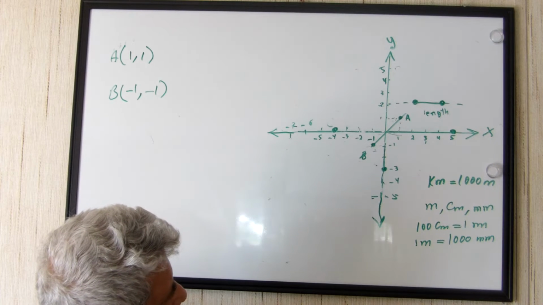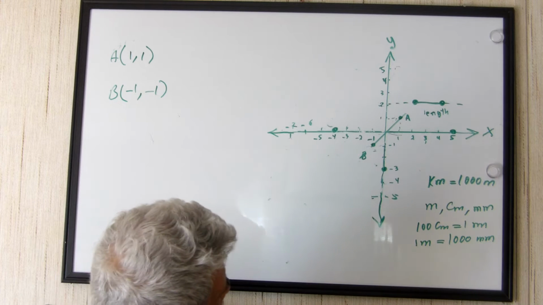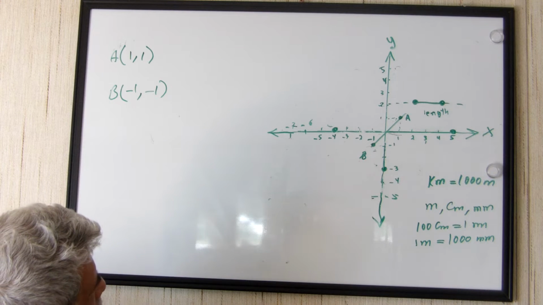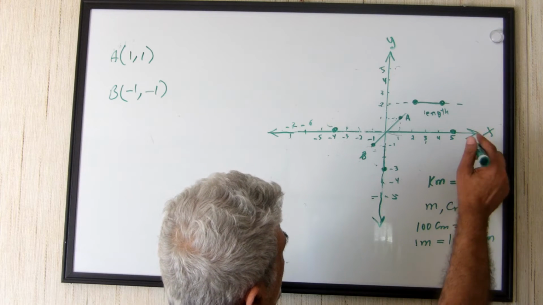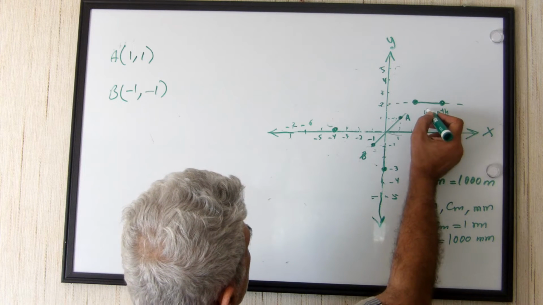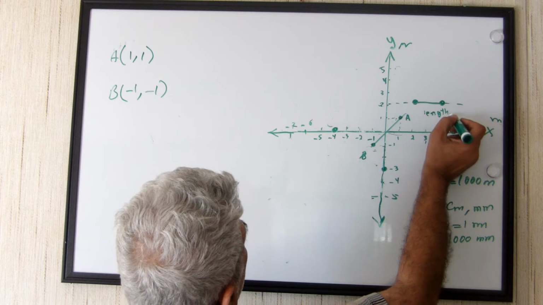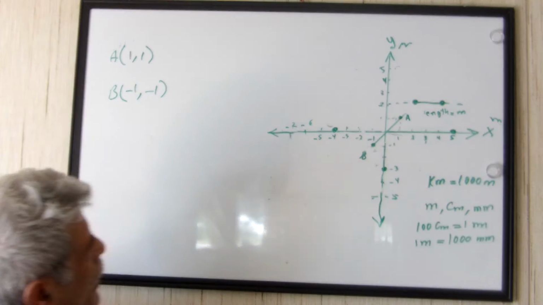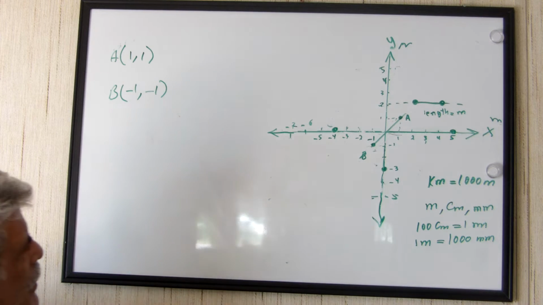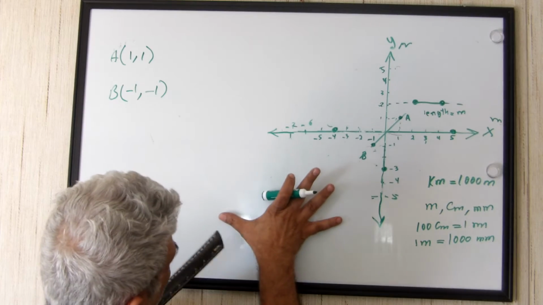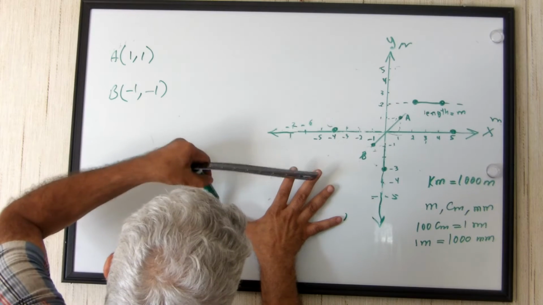So we will talk about the units separately. I say the lengths here are all in meters, for example, and this length we're going to find in meters. Say you want to measure the distance from here to here.